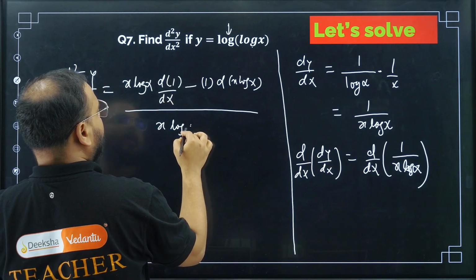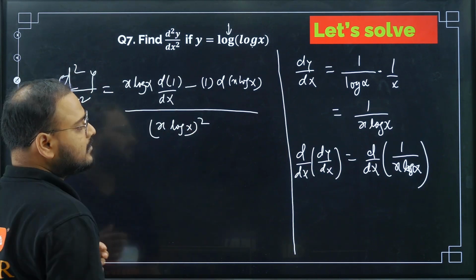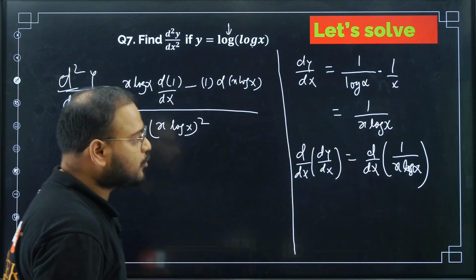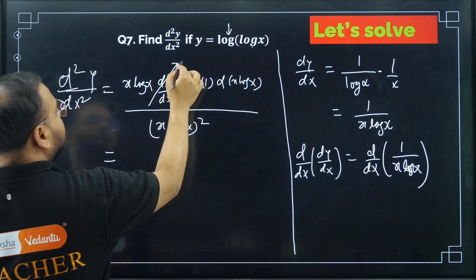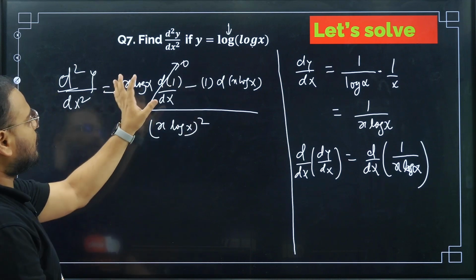Denominator is squared, right? Quotient rule. Please check here, this will be 0, because the differentiation of a constant is 0, so I don't have to write it.